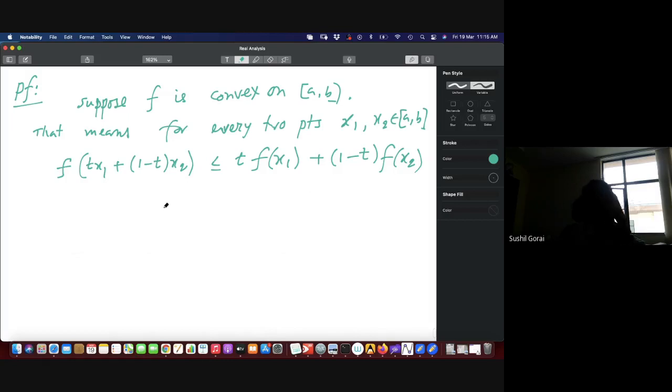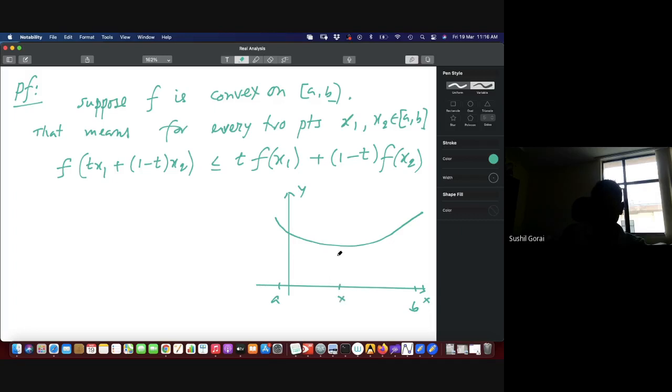Now what we want to do is a little bit of experiment like this. Suppose this is the x-axis, y-axis, and suppose this is a and this is b.